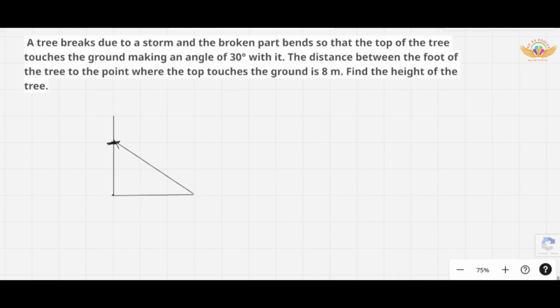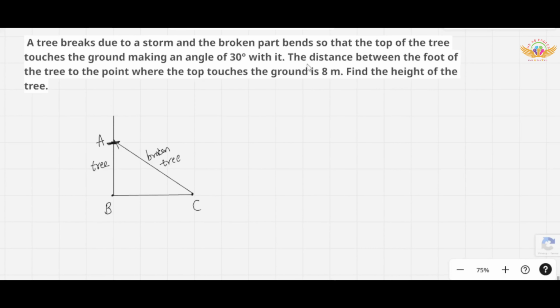So this is the foot of the ground and this is the broken tree which is touching the ground. This is the broken tree. Okay. So please don't get confused. This is a broken tree. This is the tree which is able to withstand. Okay, done. So let me take it as A here, B here, and C here.